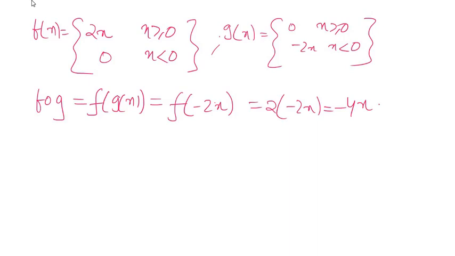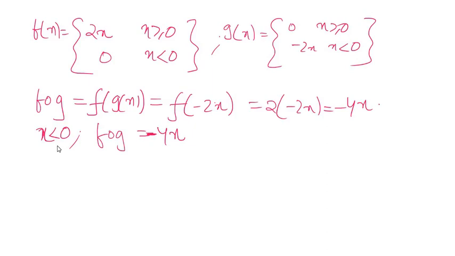F of minus 2x is equal to 2 into minus 2x, which is minus 4x. But this is valid only if the value of x is less than 0. So for x less than 0, the value of f of g is equal to minus 4x.